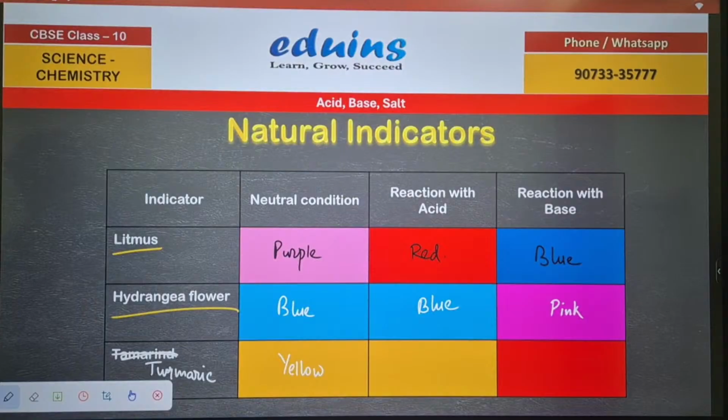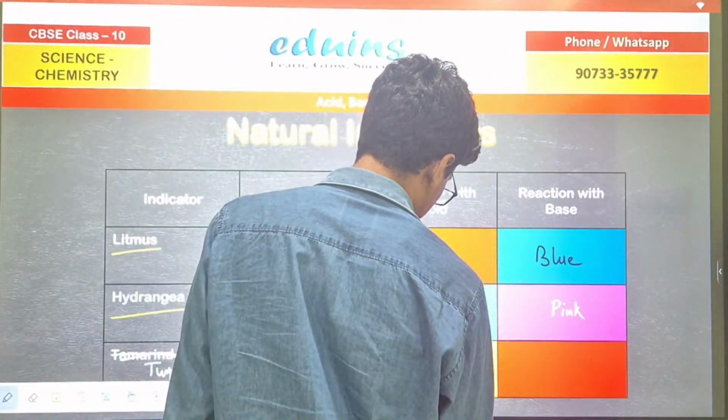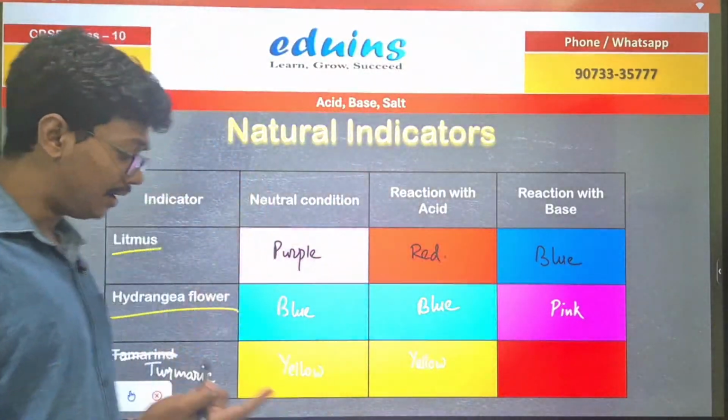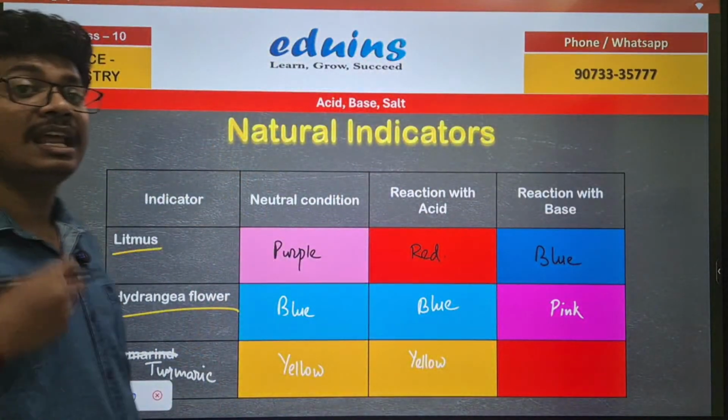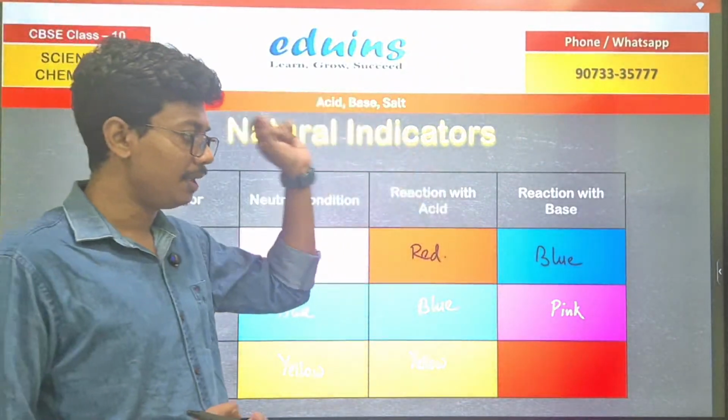As we all know, in neutral condition the color of the turmeric is yellow. In acidic medium, it still remains yellow. So the color of turmeric will not change in acidic medium, but in case of basic medium, it will change its color into red.